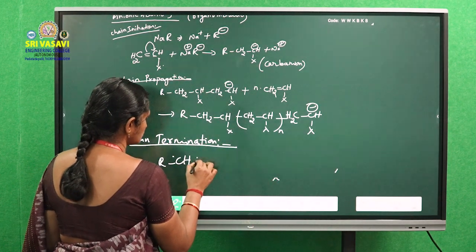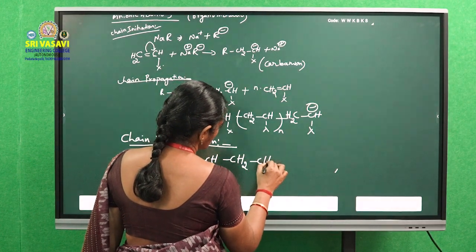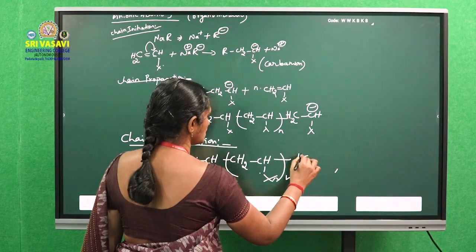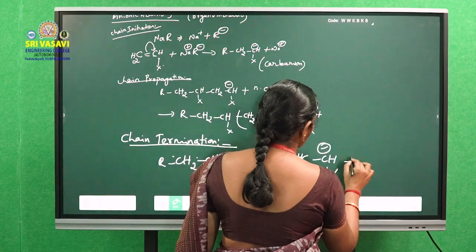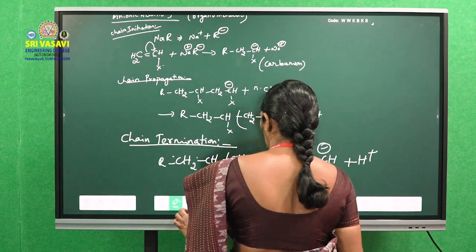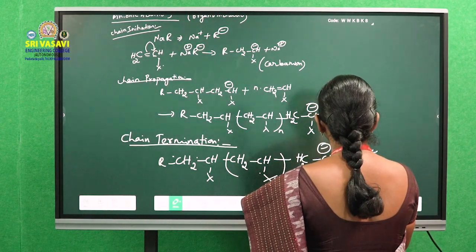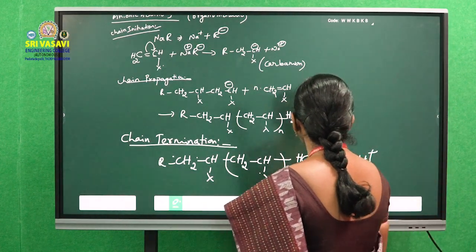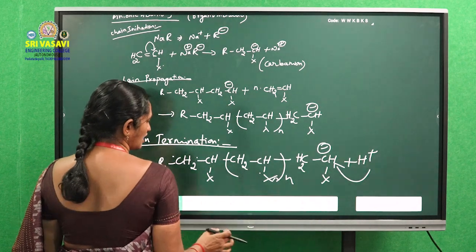R CH2 CHX, CH2 CHX n times, CH2 CHX minus charge plus H plus. When I am adding this H plus, simply it gets attached and you get the product as CH2 CH2X. That's it. That is the chain termination process.